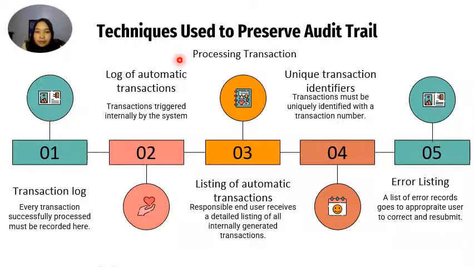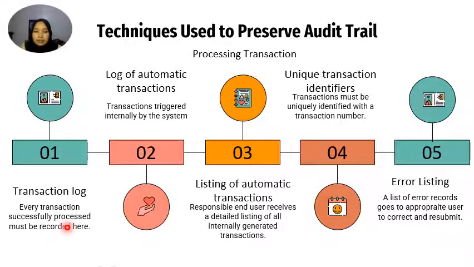So these are the techniques used to preserve audit trail. The first one is the transaction log. Every transaction successfully processed must be recorded here. So this transaction log also serves as a journal.